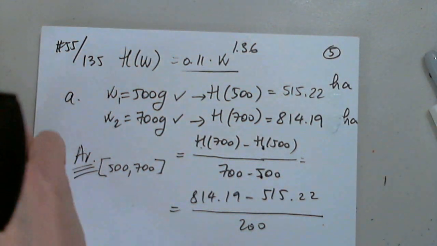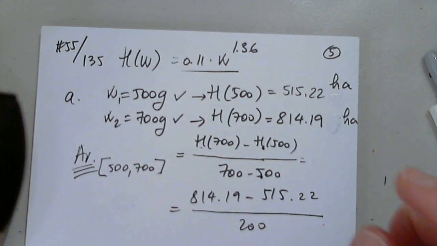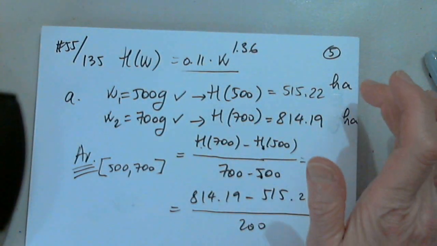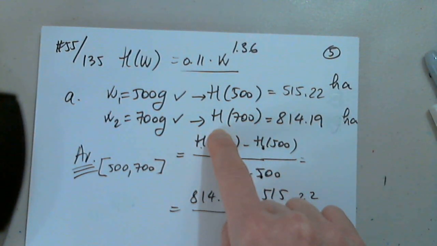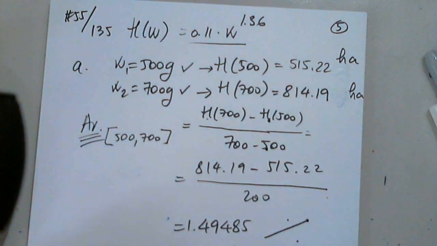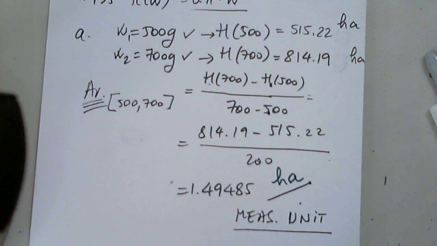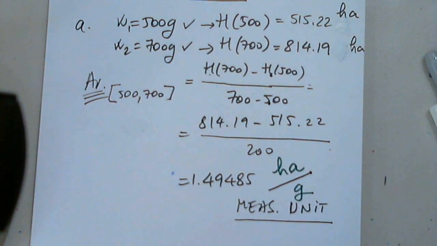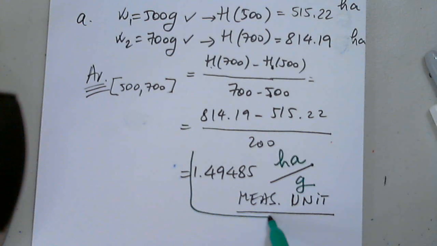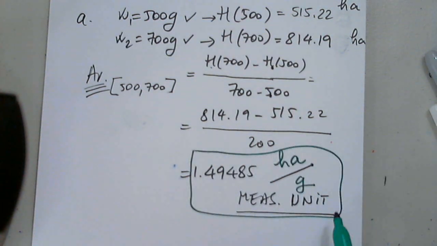Okay, I'm not taking my own advice. So the measurement unit for H is hectares, and this is in grams. So the measurement unit for the top and the measurement unit for the denominator. So always the rate of change has two measurement units.